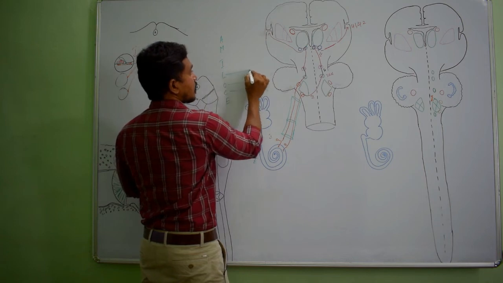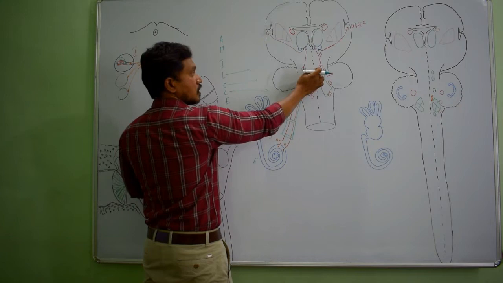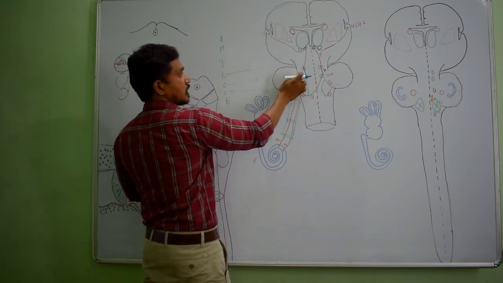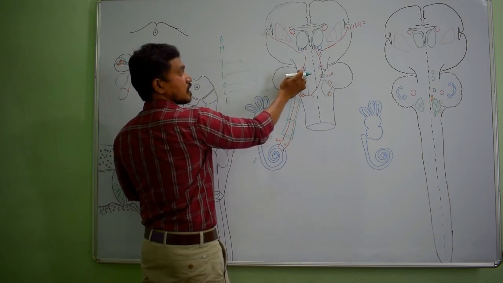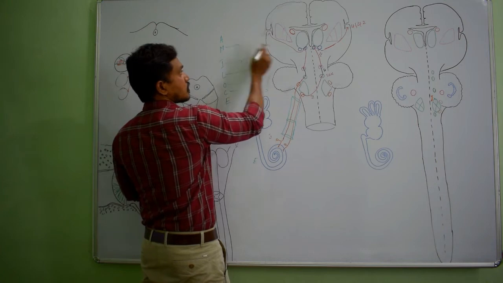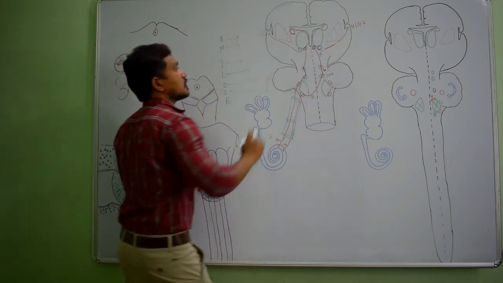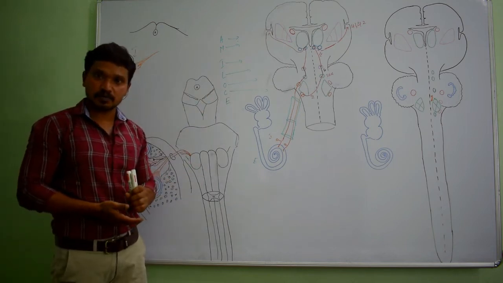Then L, what is this lemniscus in between the superior olivary nucleus and the inferior colliculus? Lateral lemniscus. This part is lateral lemniscus. Then I, what is this? Inferior colliculus. Then M, medial geniculate body. Then A, auditory cortex. So this is the mnemonic for the auditory pathway. Very simple.